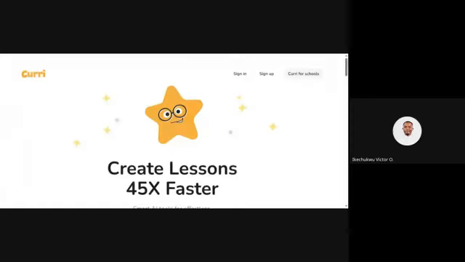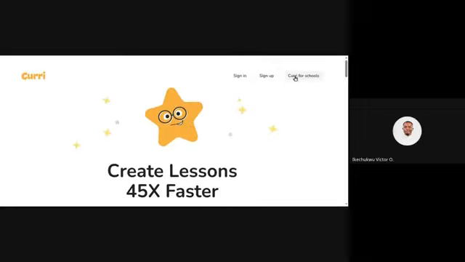So Corey AI is actually an AI tool that supports lesson creation, lesson plan creation, lesson note creation, and assessment as well. And it's actually a Nigerian-based AI tool. For Corey AI, you can have it as an individual teacher, or you can build an account for the whole school.